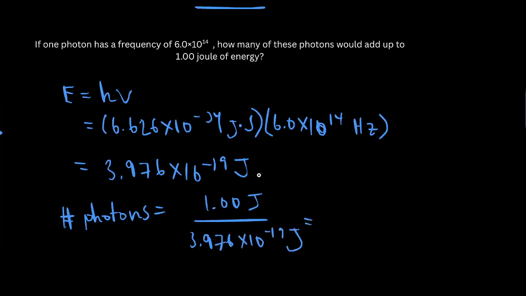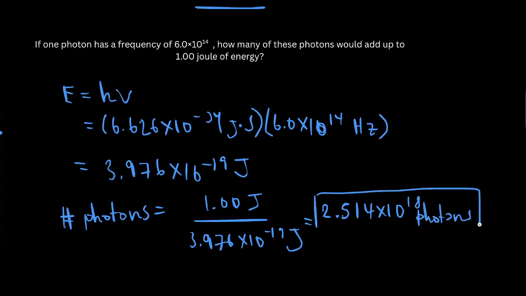And this is going to give us an answer of 2.514 times 10 to the 18 photons. So about 2.51 times 10 to the 18 photons that have this frequency are going to be needed to make 1 joule of energy.